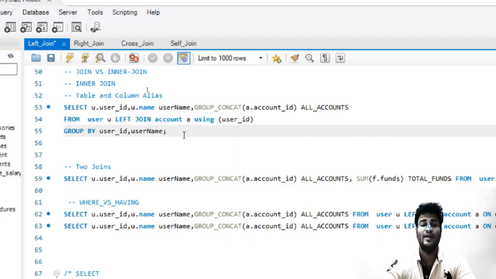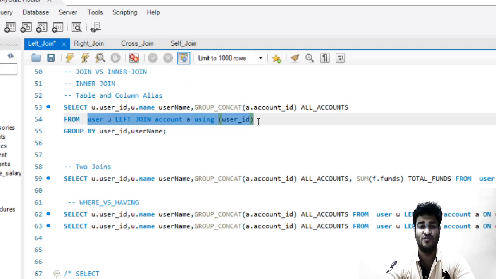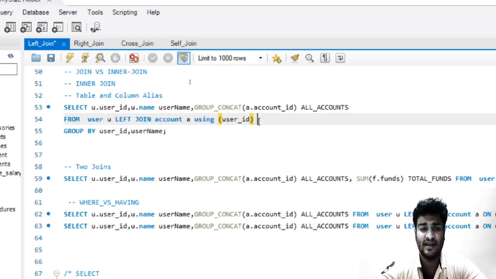In a similar way, as we discussed in the previous chapter, we can have a combination of joins. We can have left join, we can have right join, and we can even say something like this, saying that we are doing a left join over here.